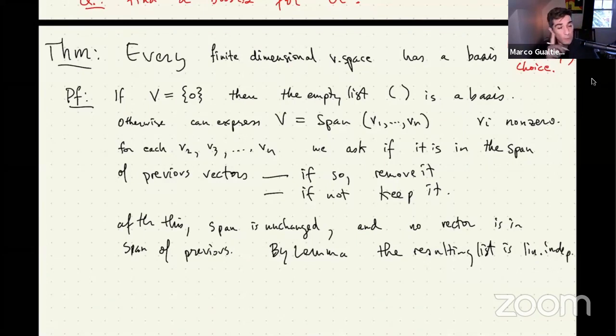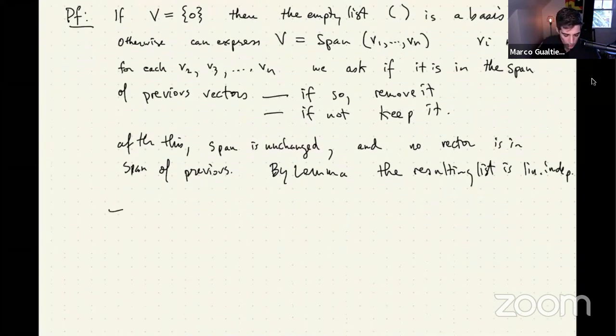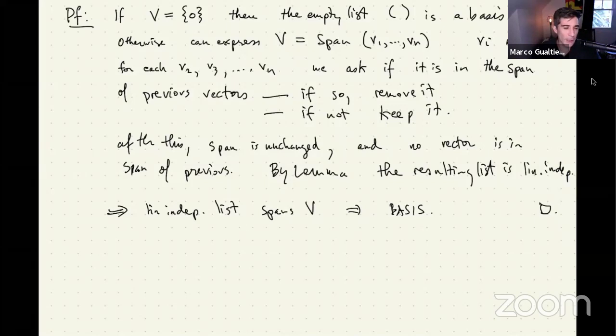Because in the lemma, we proved that if the list is linearly dependent, there must exist a vector which is in the span of the previous. And we know that's not true. So that means that it cannot be linearly dependent. It must be linearly independent. So we have a linearly independent list which spans V. So we have a basis. I just wanted to be a little bit pedantic, going through every step here.